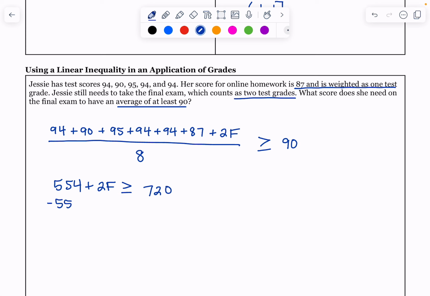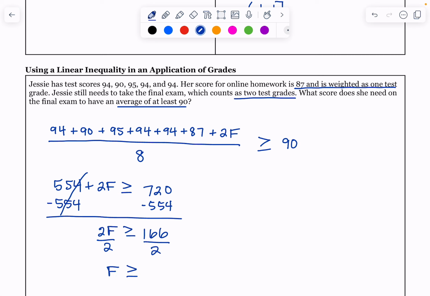Subtract 554, and we have 2F is greater than or equal to 166. If I divide that by 2, we need our final to be greater than or equal to 83.